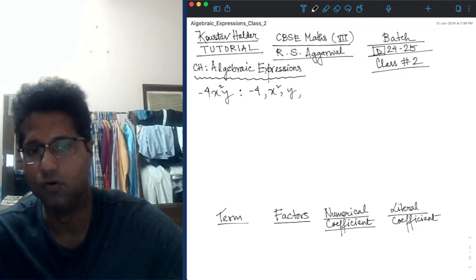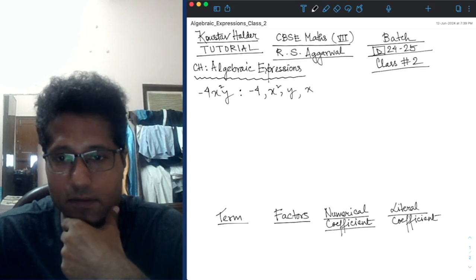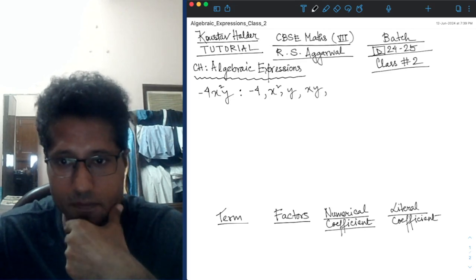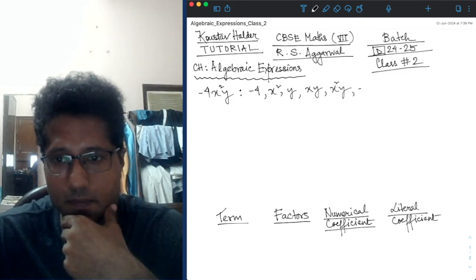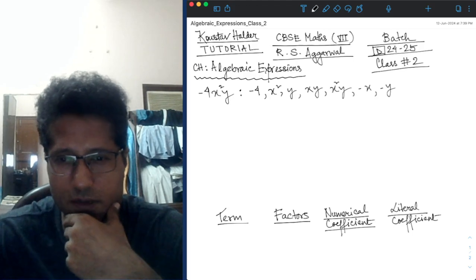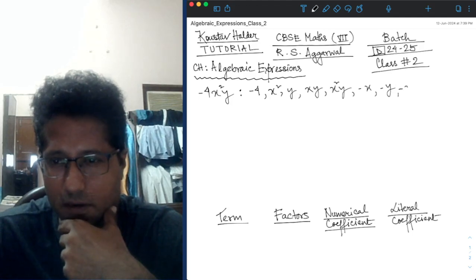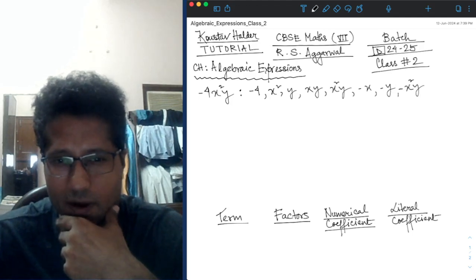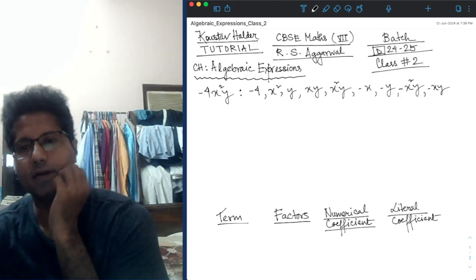As per the previous class, I said that xy will also be a factor, also x square y, as well as minus x minus y, minus x square y and minus xy.